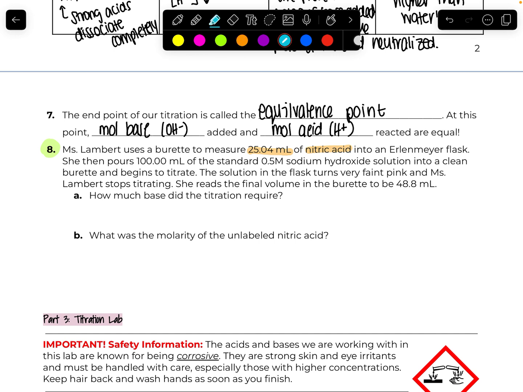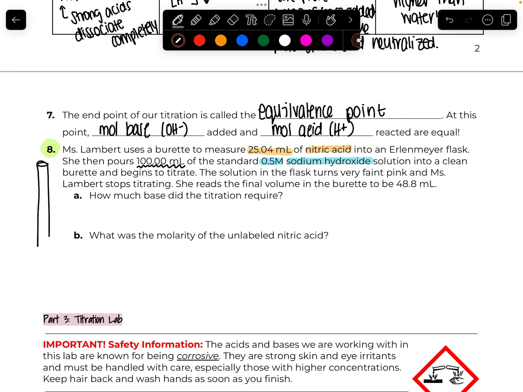I then have to get myself set up to use my titrant. My titrant is going to be 0.5 molar sodium hydroxide solution. I add that to my burette all the way up to the 0 mark on my burette. Because this thing tells me I pour 100 milliliters in, it means I have a 100 milliliter burette.